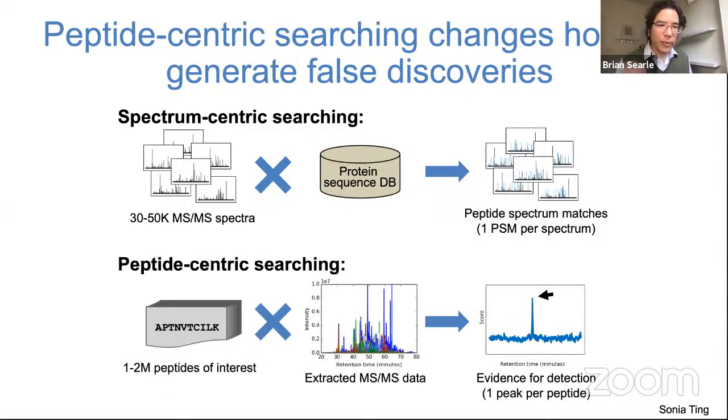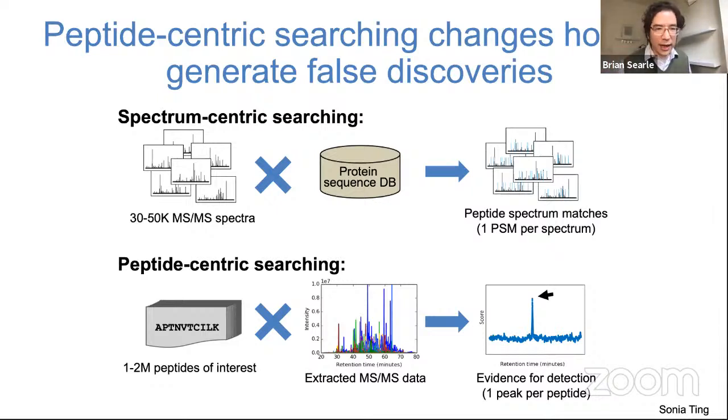The alternative approach would be taking all of the peptides in a FASTA database, say 1 to 2 million peptides of interest, extracting out signal for all of those different peptides, and then determining what evidence there is for that detection. This is interesting because it gives you the ability to say there was no evidence for this particular peptide. That's something you cannot do with a spectrum-centric analysis method.